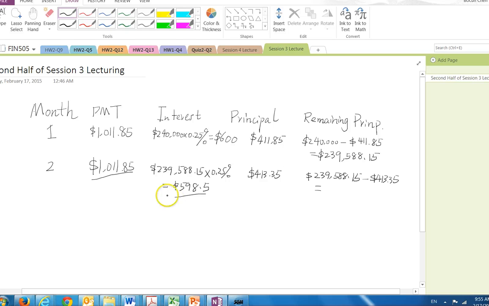Just for the time, I don't want to do that again. But I want you to observe the pattern of the interest portion and the principal portion. And you can continue this third month, 4 months, or 5 months until we have 360 months, right? So this table will be very, very long if you want to fully complete it. But of course, there's a pattern, so you don't have to actually write down all these numbers like what we did. Here, I just want to show you how exactly we can solve this amortization schedule problem.